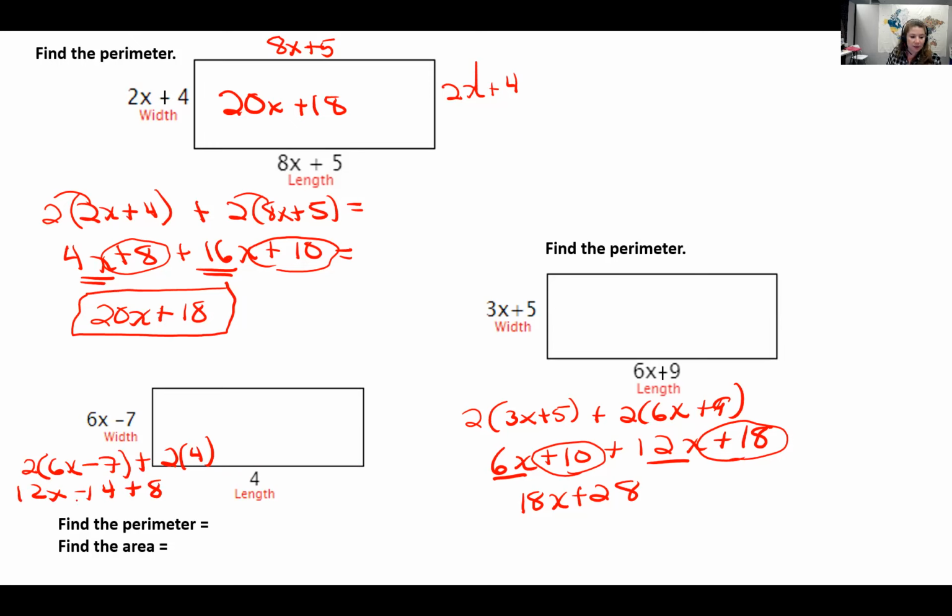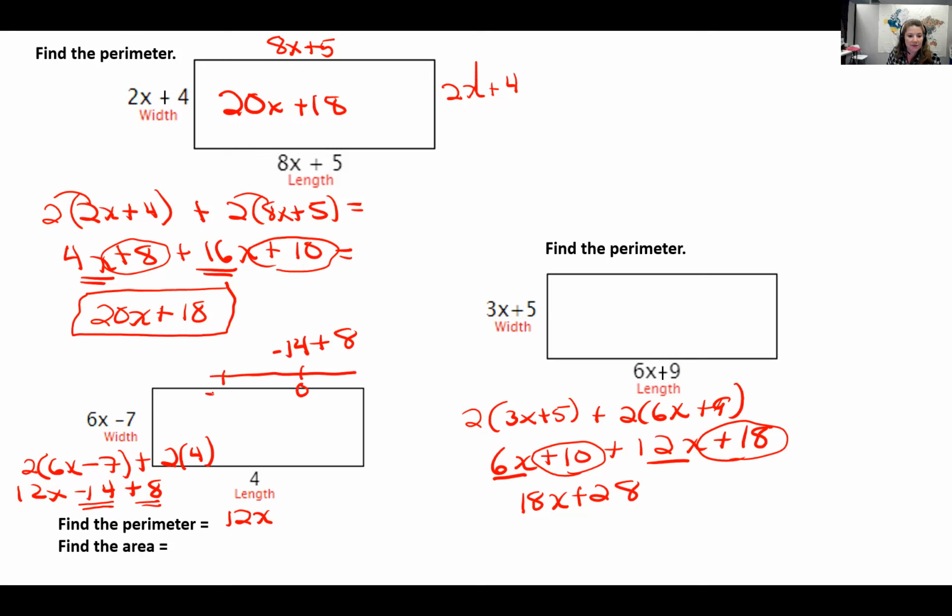Now, this was a little tricky. We haven't really talked about positive and negative terms yet, right? But like I said, remember that our sign belongs to that number. So we have 12x as part of our answer. But then we have a negative 14 combined with a positive 8. So that's like starting on a number line. Here's 0.